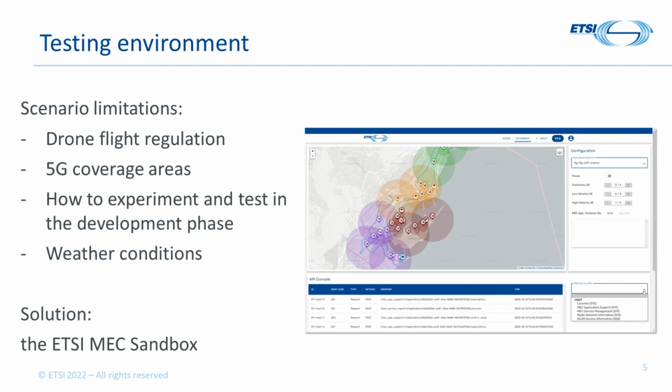The solution: to use the ETSI MEC Sandbox, an interactive environment that simulates a real edge deployment, working with several network simulations, 4G, 5G, Wi-Fi, stationary or moving UEs, and the most important thing, it includes the services that expose some of the ETSI MEC APIs that we need: location, application support, service management, radio network information, and WLAN access information.